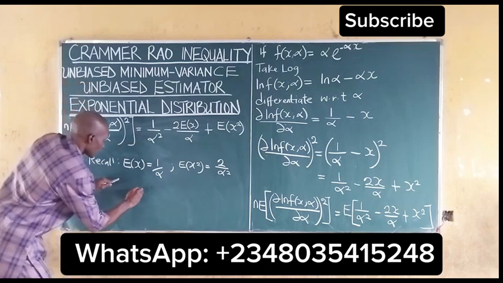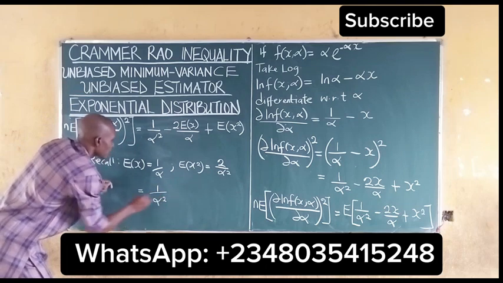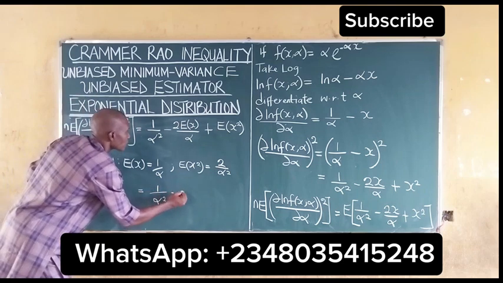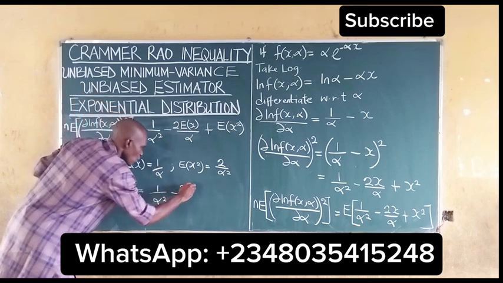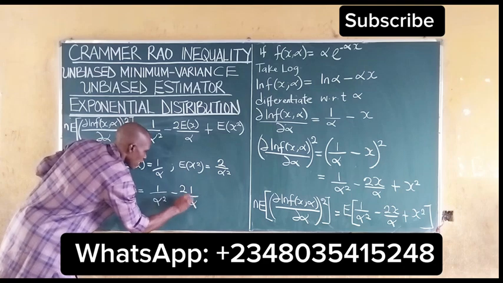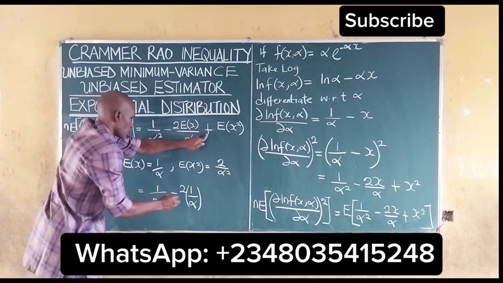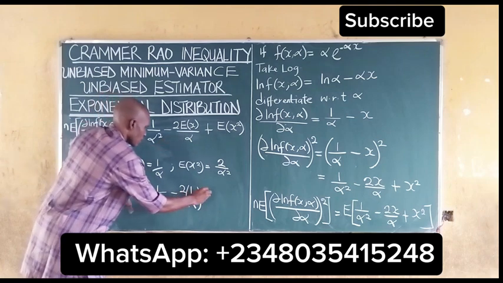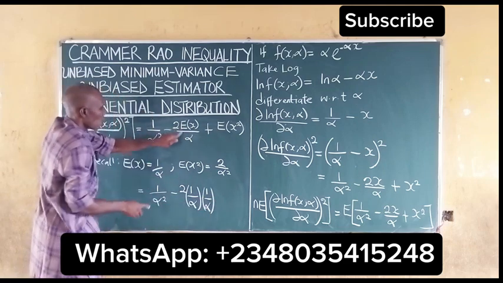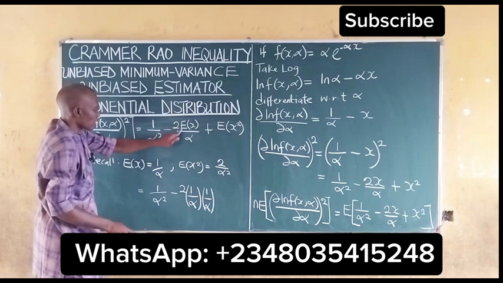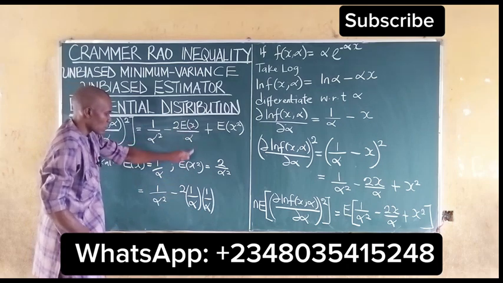So we have this as equal to 1 all over phi squared minus 2 multiplied by the expected value of x, which is 1 all over phi, multiplied by 1 all over phi, because here we have 1 all over phi already.